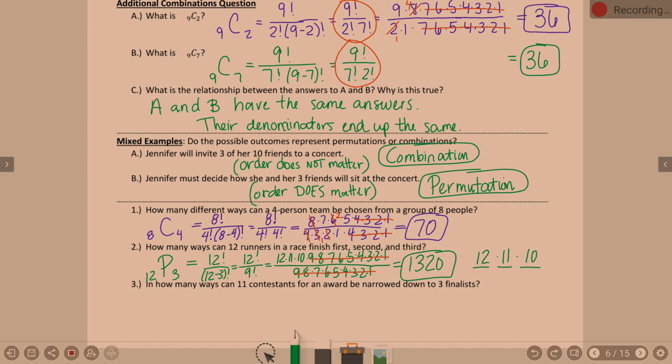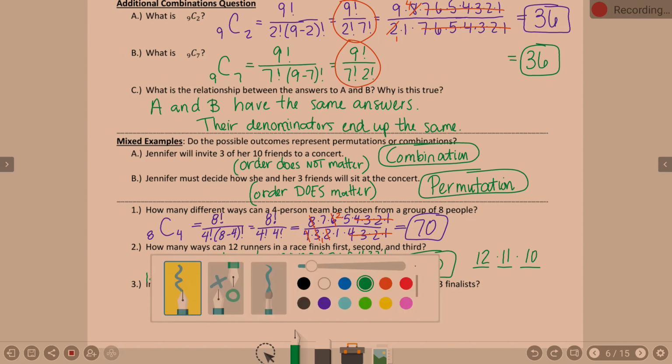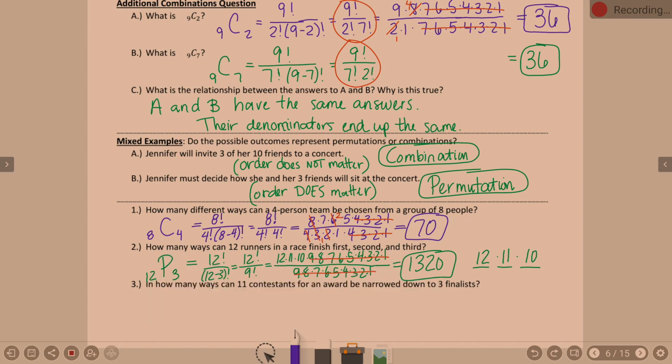Okay. One more in this section. This is the wild card. We've had a combination, we've had a permutation. Now there's an extra one. In how many ways can 11 contestants for an award be narrowed down to 3 finalists? It doesn't say, because it doesn't matter who, it's just 3 people.